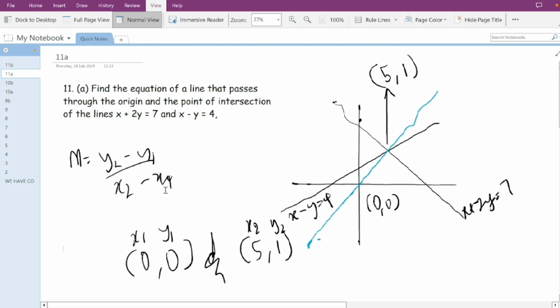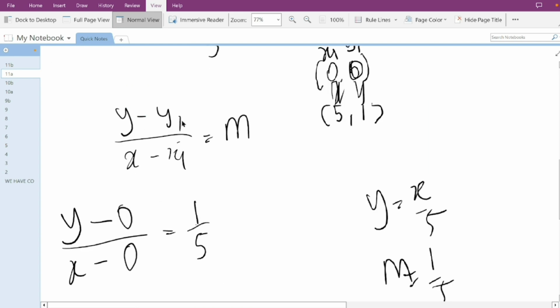But we can't get the gradient without getting the second point, which is the point of intersection of these two lines. That's why we're given these lines, to help us get that second point on the line. Then use both points to find the gradient and use any of the points and the gradient to find the equation of the line. Using the formula y minus y1 over x minus x1 equals m, we get the equation for our line.